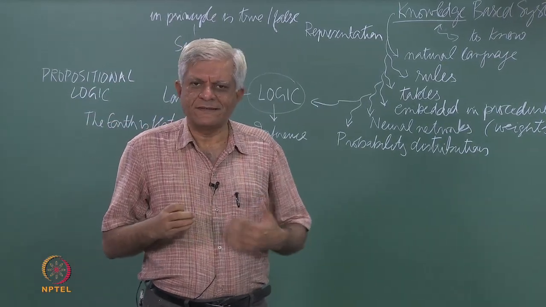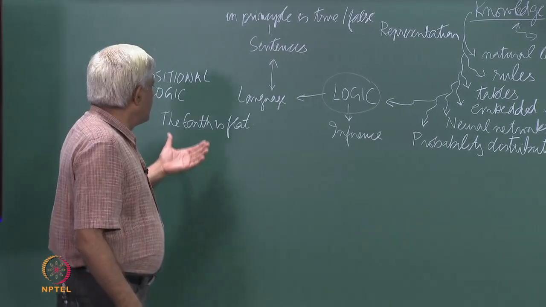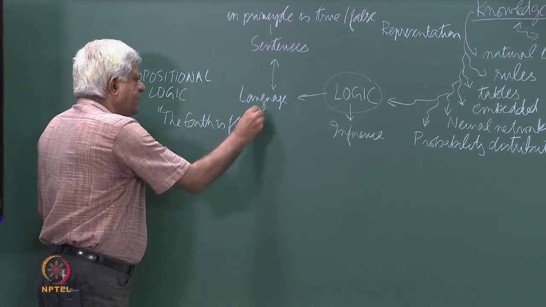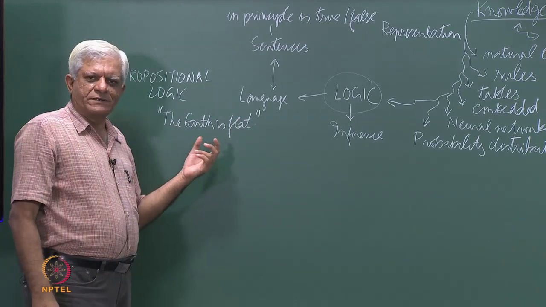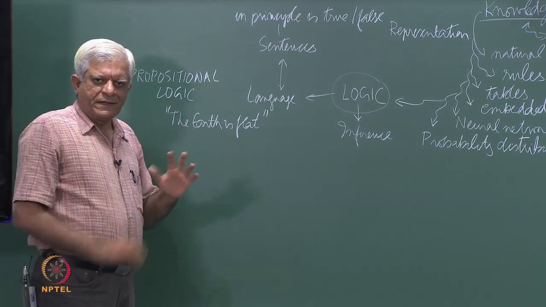You cannot look inside a sentence, you cannot say that this one is talking about something called the earth and it is talking about a property called being flat, nothing of the sort.